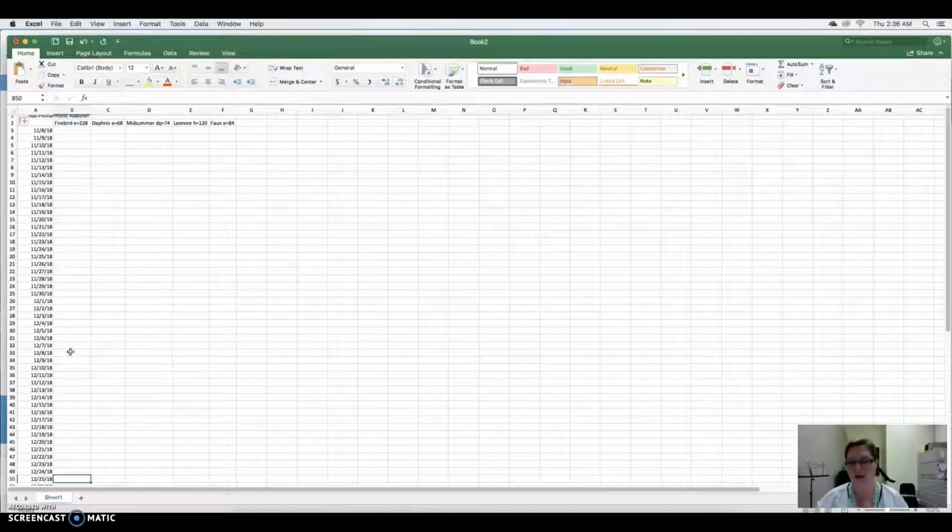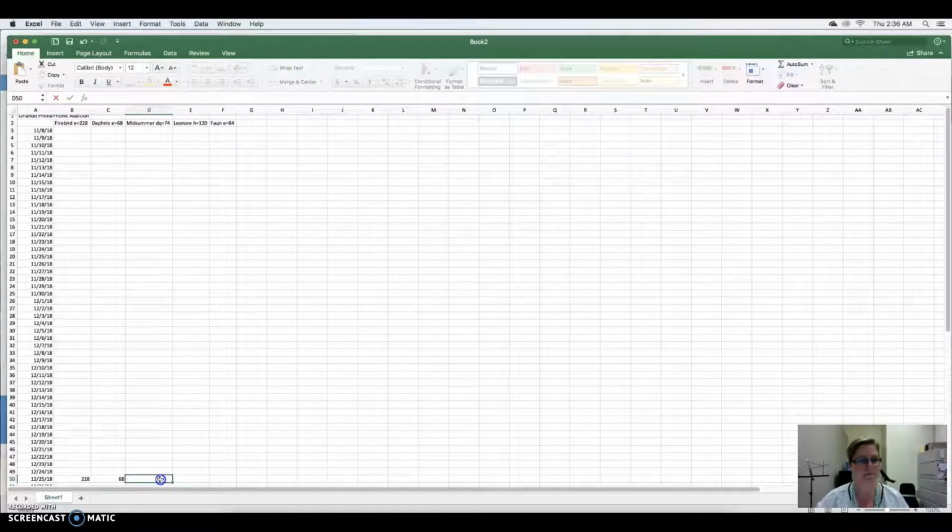So in that cell, I fill in 228. I fill in 68. I fill in 74, 120, and 84. And if I also put one more of the same, so these were my 2 slow excerpts, and I highlight them and then I drag the square.